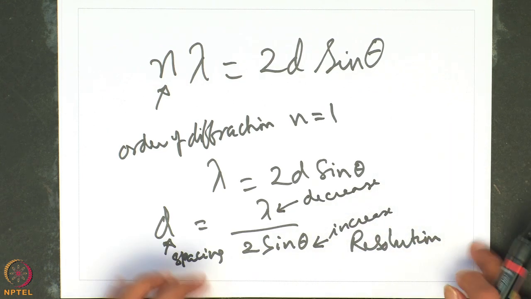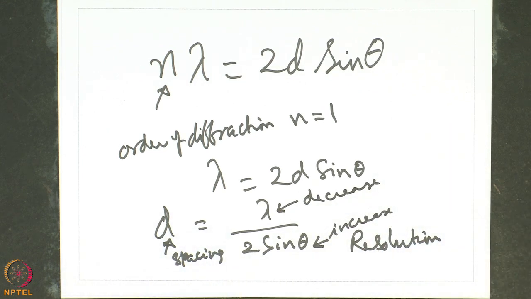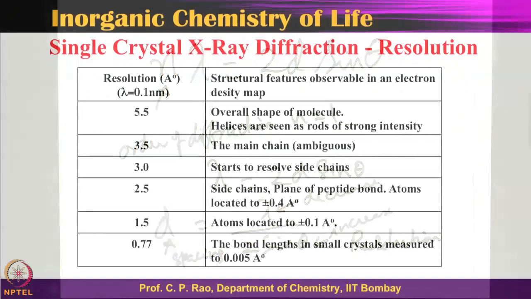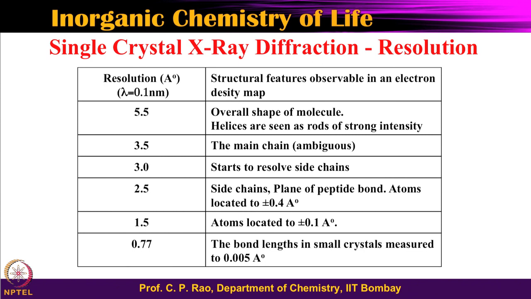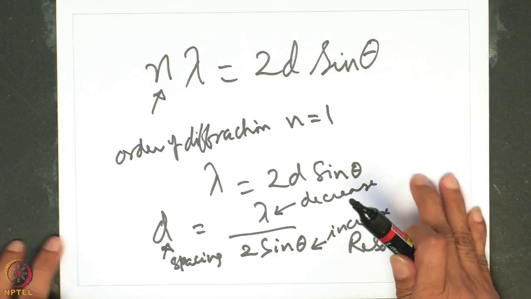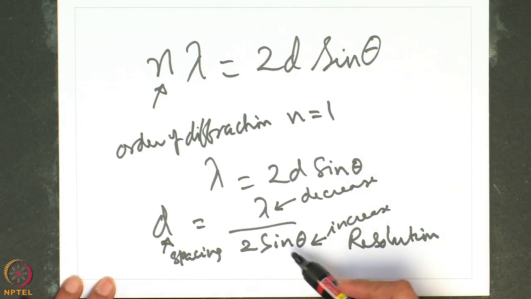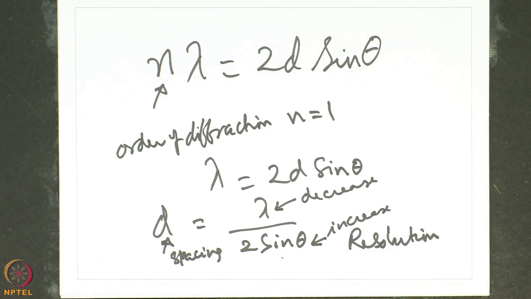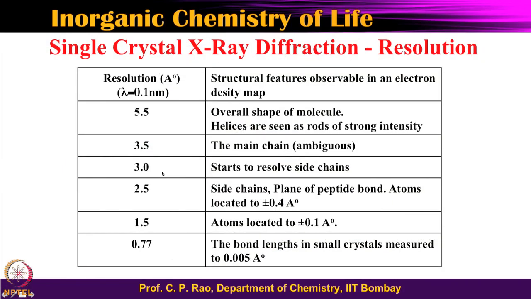That means lambda, the radiation that you use: you can decrease the wavelength of the radiation used. Molybdenum has the lowest value of lambda. And increase the denominator, which is 2 sin theta, so the reflections that you collect should be increased. If you do that, then the d value will decrease, and the d value decreasing means the resolution is increasing.